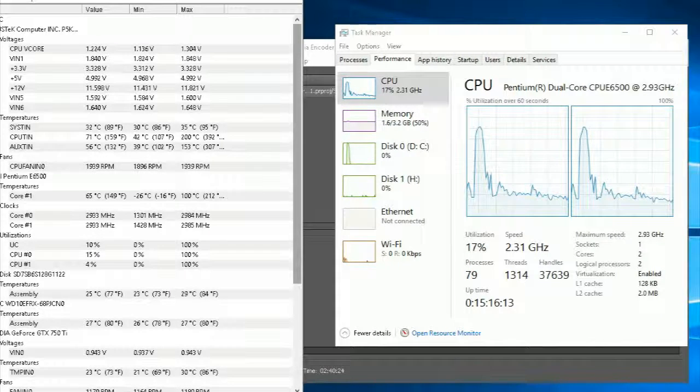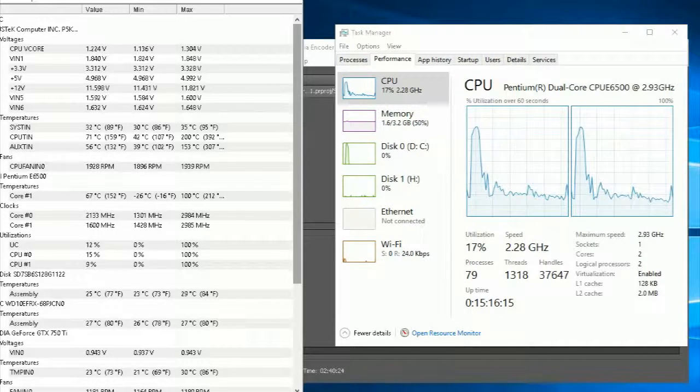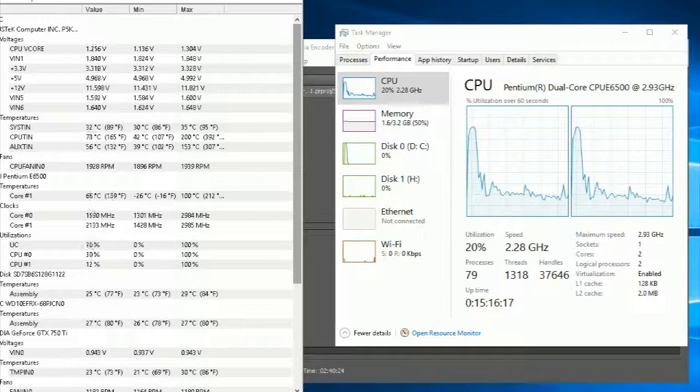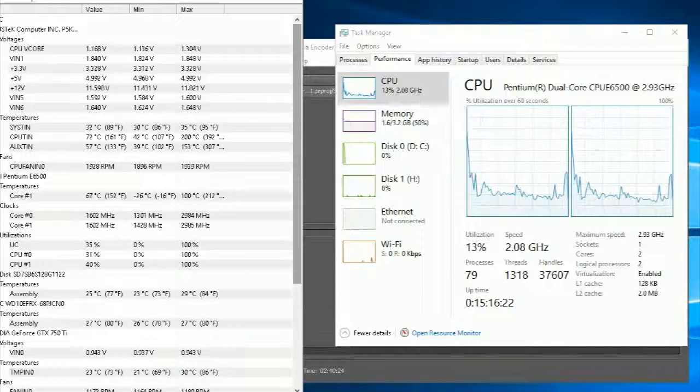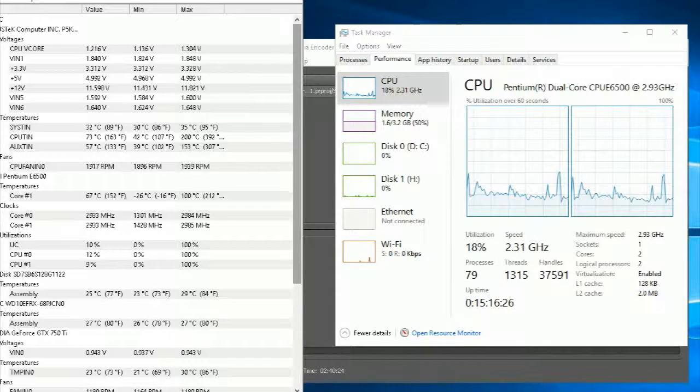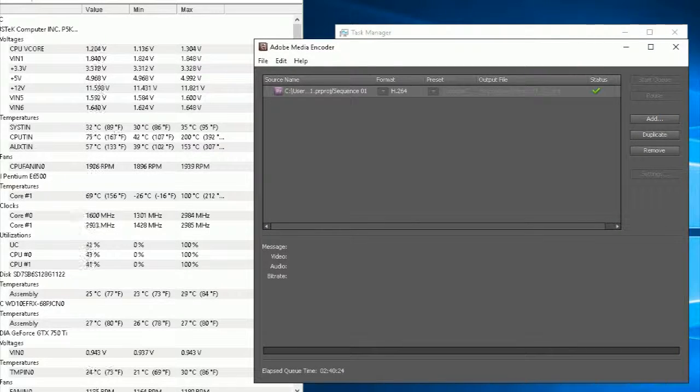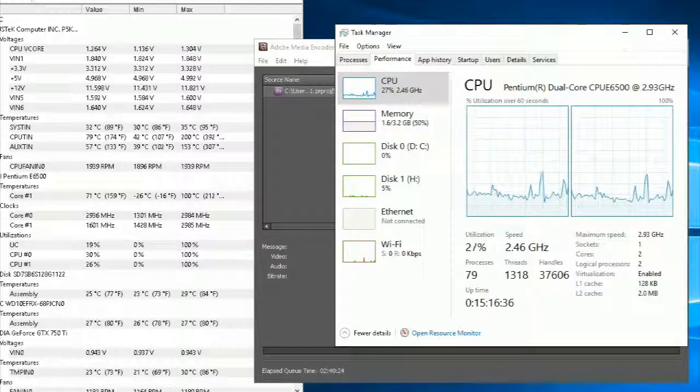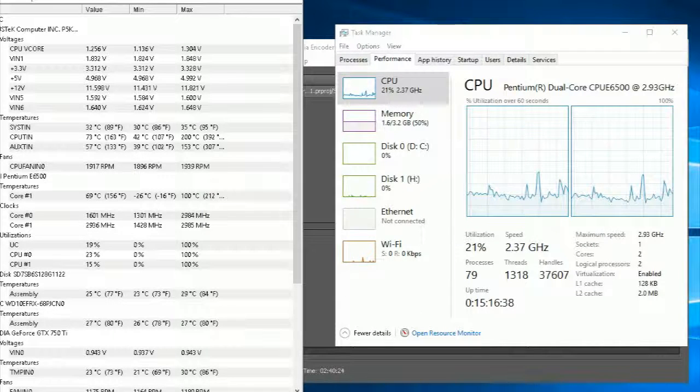Right now, it seems to be running at 66-ish, popping up to 70 as we're using more, Celsius. When I was encoding this, it was actually running at about 95, 96.